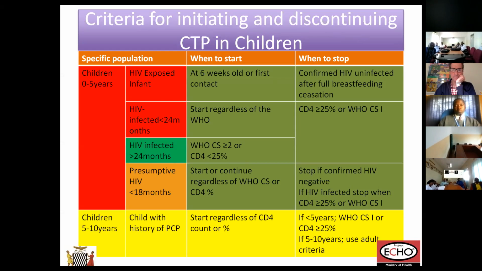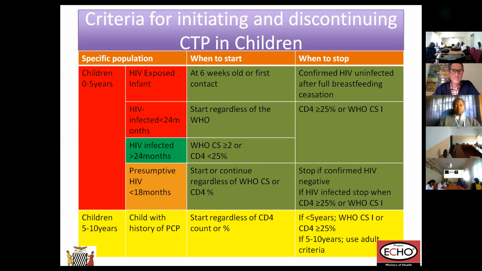In all HIV-exposed infants, cotrimoxazole preventive therapy is indicated at 6 weeks of age, or first contact afterwards. So if a child is 6 weeks or more, any day that they come to the health facility, please, you have to start cotrimoxazole preventive therapy.